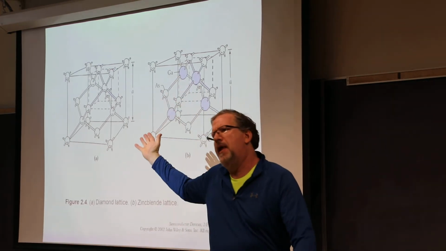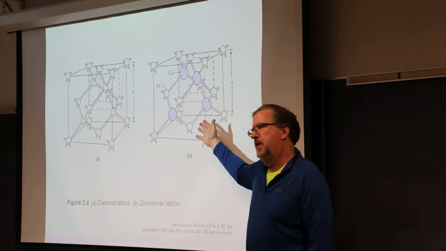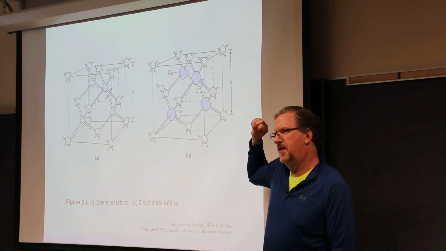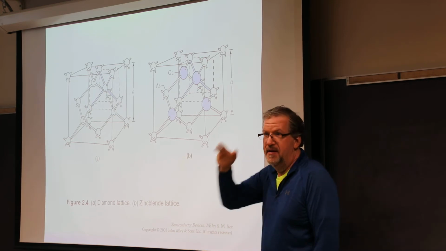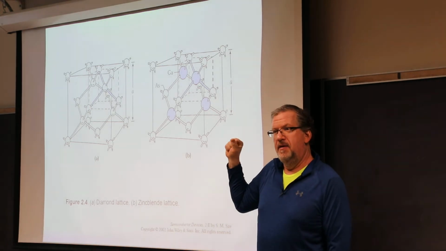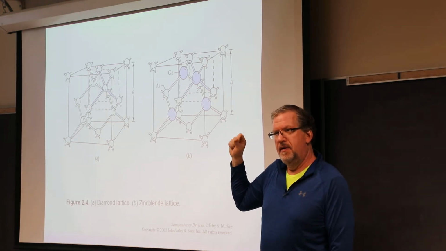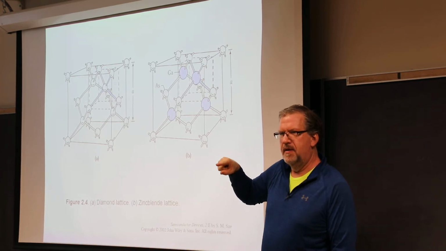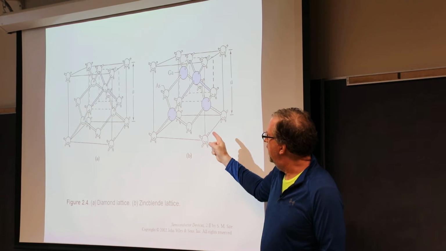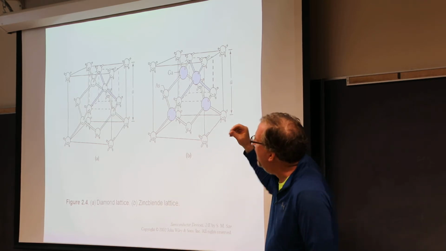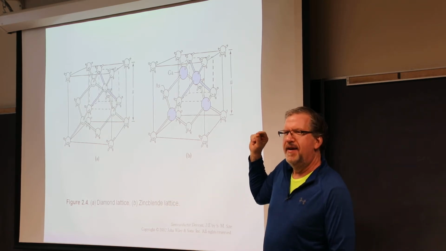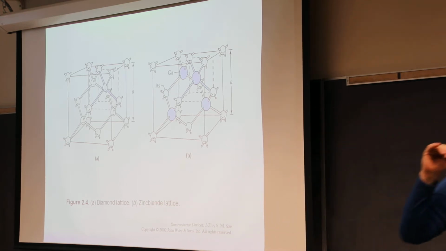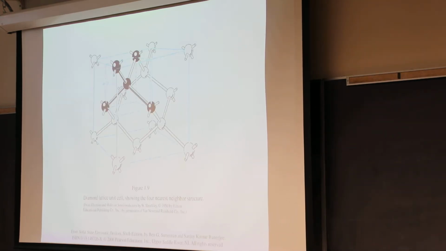So how would you explain that in words? What is this? You could say it's like two FCC lattices combined, where the primary one is like the gallium and the secondary is the arsenic. Yeah. And can you get even more slightly mathematical? All the arsenic ones are a/4, a/4, a/4 from the FCC.